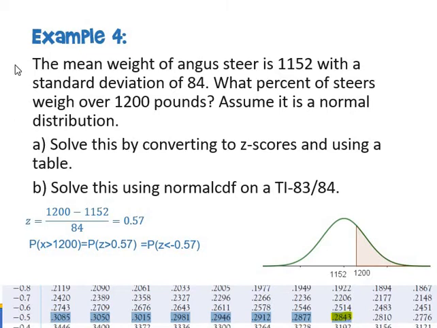If I look in my table, I go to negative 0.5, go over to the column for 7, and I get 0.2843. I always answer the question the way it asks. It asks for percent, so that'd be about 28%. 0.2843 is a proportion, 28% if we convert over to a percent and round to the nearest percent.